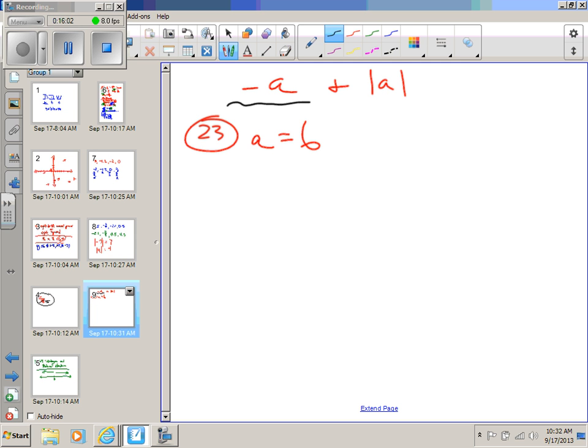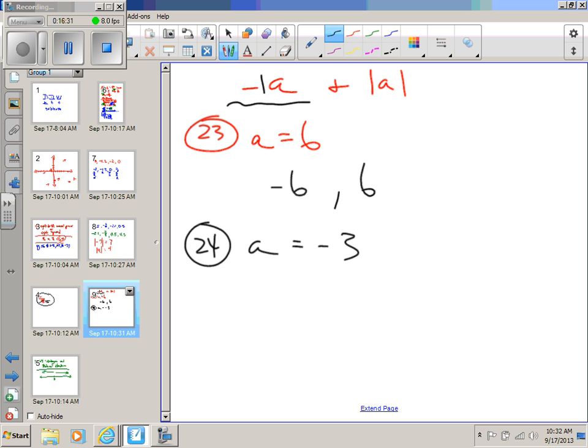So essentially, what's going to happen to your number? It's going to switch sides. If it's positive, it's going to end up being a negative. So if A is 6, what's 6 times a negative 1? Negative 6. Then the absolute value. How many places from 0 on a number line is 6? 6. 24. What do they say A is, Marlia? They say A is equal to negative 3.